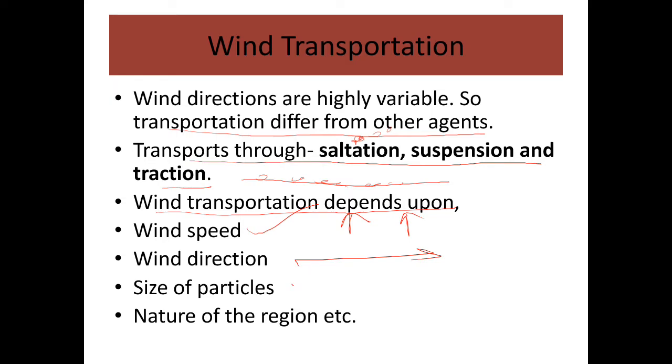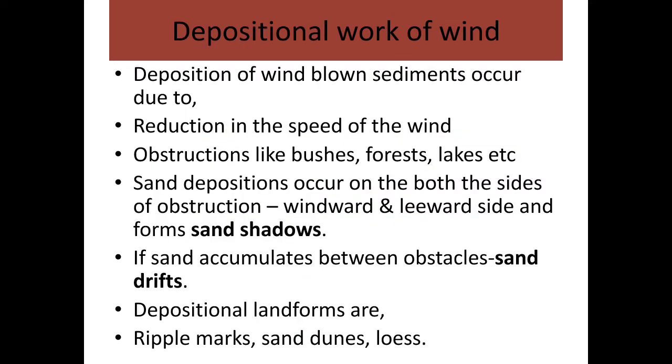The size of the particle matters: suspended particles can reach a longer region than particles moved by traction, which are larger when compared with saltation and suspension particles. The nature of the regions also affects wind transportation. Depositional work of wind: deposition of wind-blown sediments occurs due to reduction in the speed of the wind.